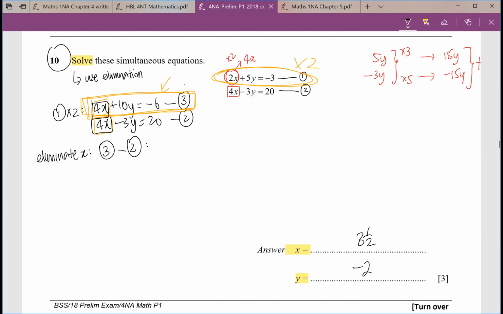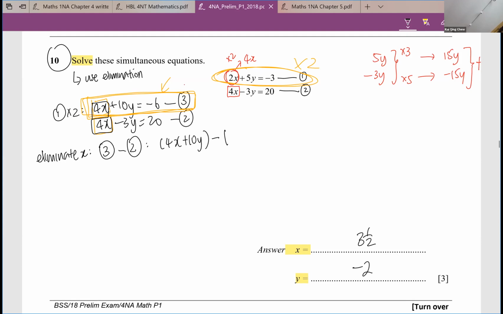Hey, you're supposed to tell me what to do. How to minus? So 4x plus 10y equals negative 6, then minus bracket 4x minus 3y equals 20.